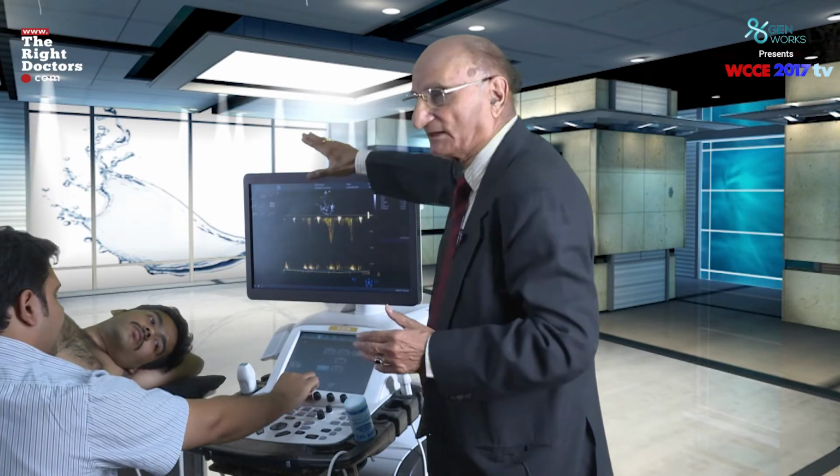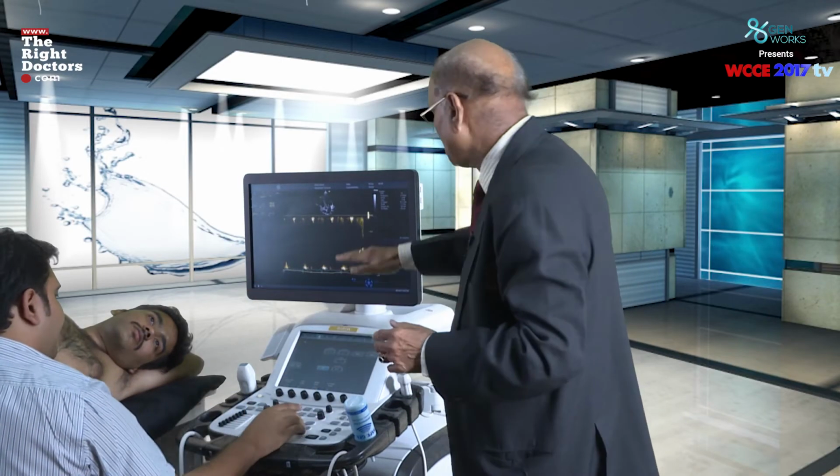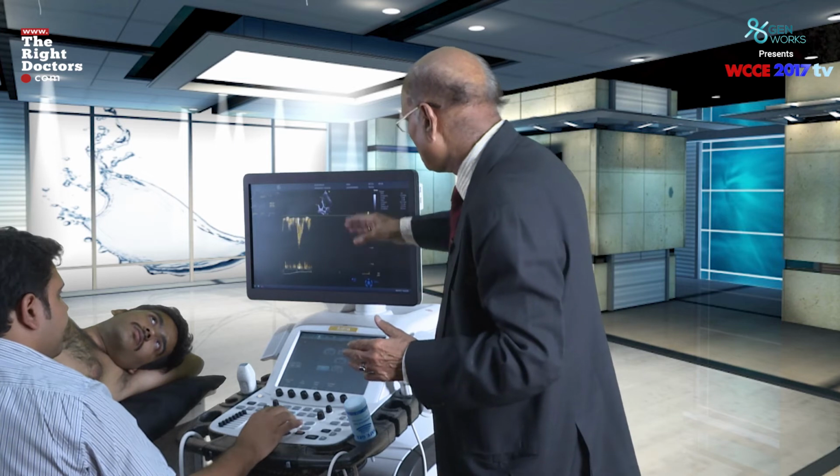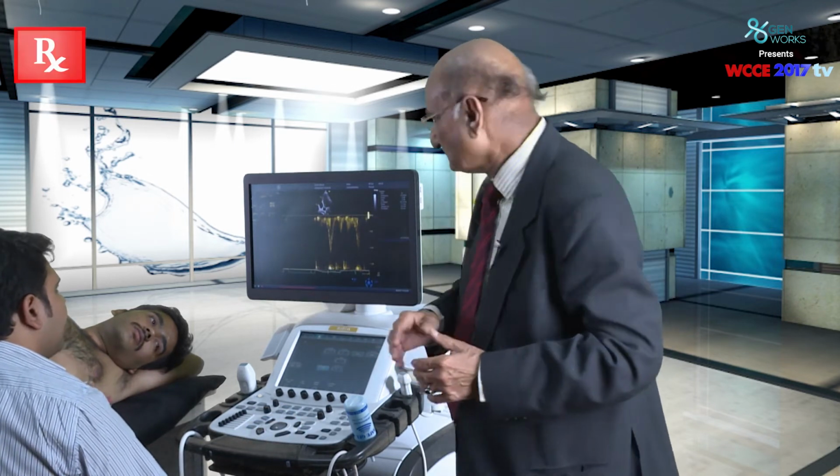So that in a Doppler, the velocity is always seen above the baseline, the timing is always seen on the horizontal axis. Timing is done on the horizontal axis and velocity is seen above or below the baseline.